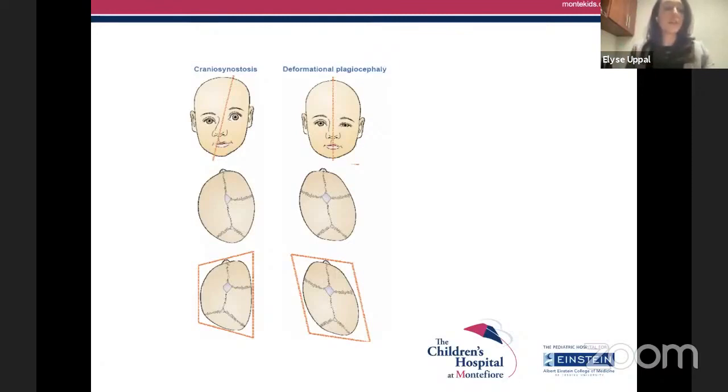The ear on the side of the fused suture is often displaced towards the fusion. So in the case of this graphic here, it would be displaced anteriorly towards the left side because that's the suture that's fused. And then the tip of the nose and the chin actually deviate contralaterally. So they go towards the opposite side of the fused suture, and the eyebrow and orbit on the affected side appear elevated.